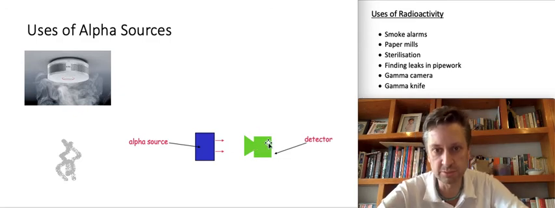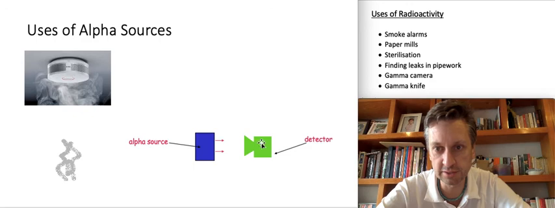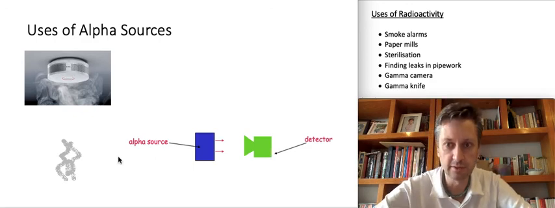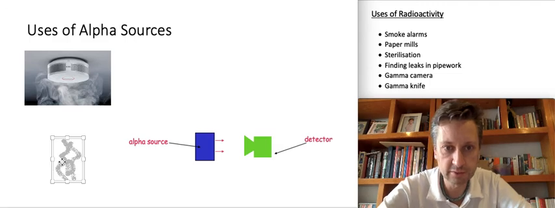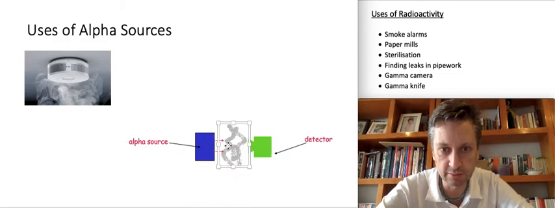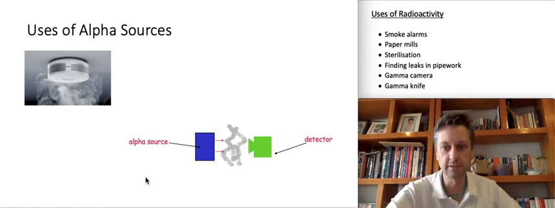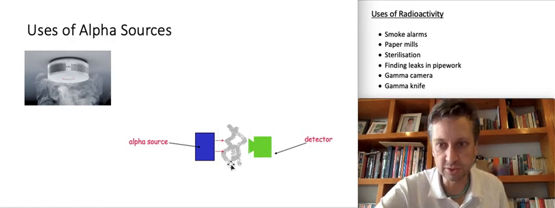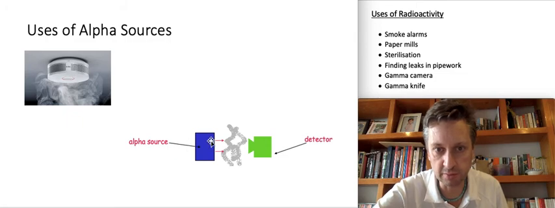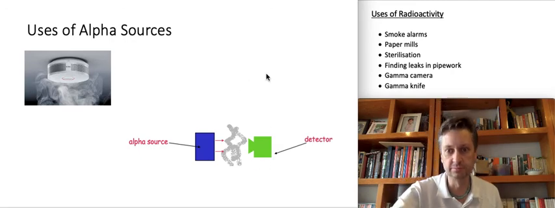As long as the current is moving through the circuit inside your smoke detector, nothing happens. If I set something on fire and move some smoke now between the alpha source and the detector, solid smoke particles are enough to block the alpha particles, to block the ionization of the particles between the source and the detector, and that sets off an alarm, so it starts beeping.